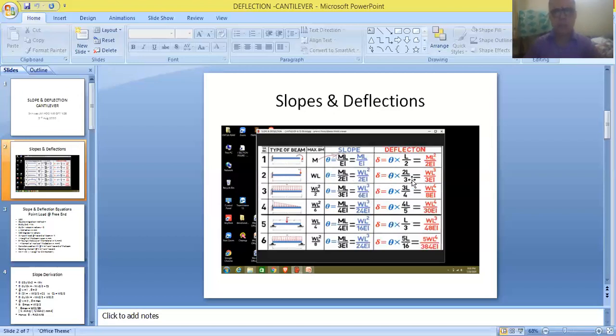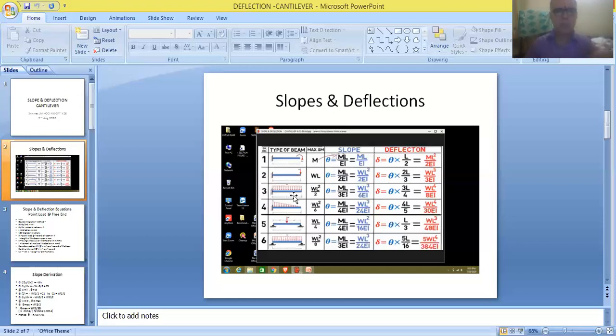So these formulas are useful for measuring slope and deflection in the case of a point load acting on the cantilever. And these equations are very useful for making slope and deflection calculations when a UDL is acting on the cantilever.